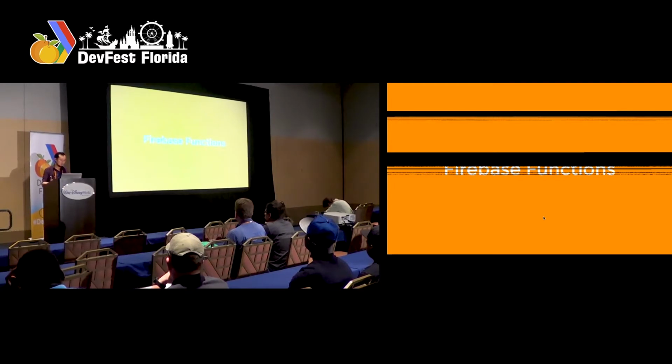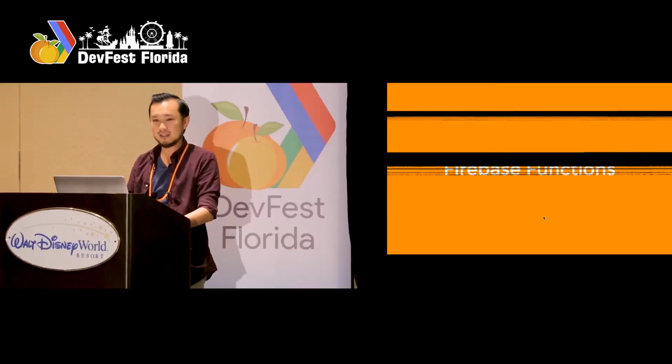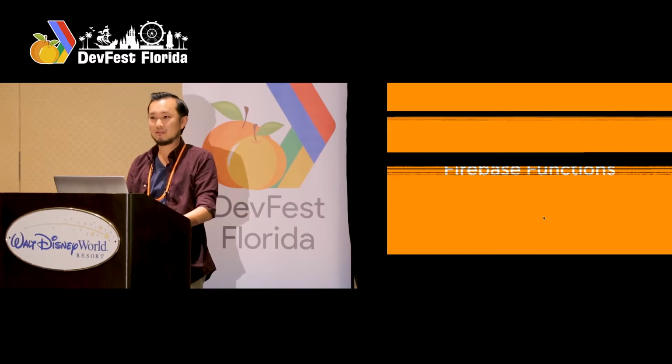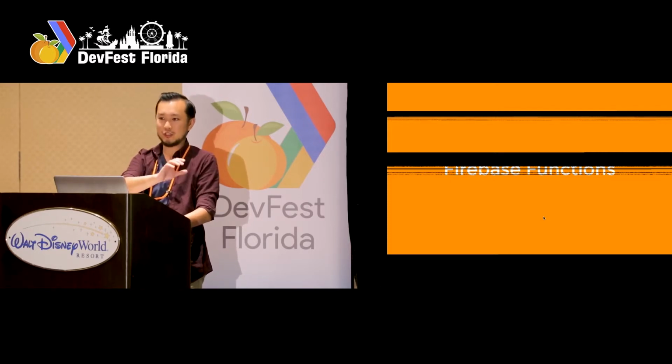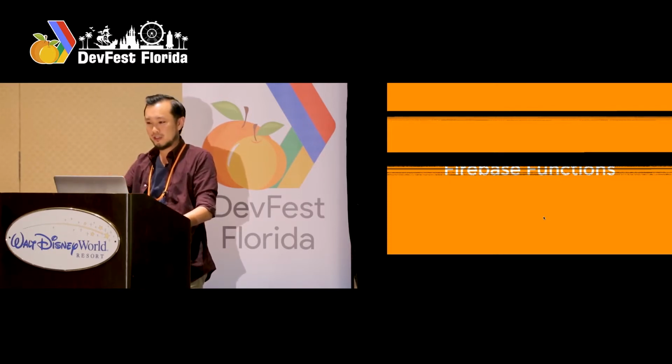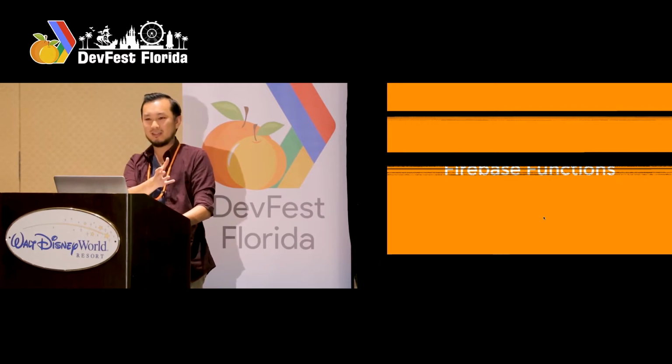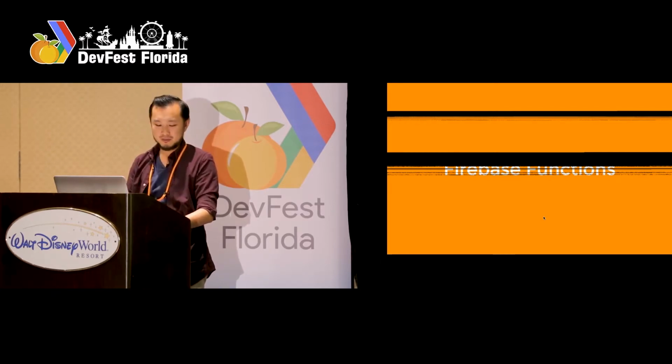The way Firebase Functions work is something triggers it. Usually it's an HTTP request, but sometimes it could be that I have a Firebase database and this table is changed. I need to do some work with functions and then update that value that was changed. So triggers could be from Firebase services or HTTP requests or other things.